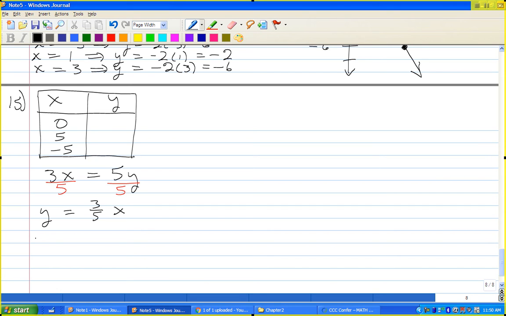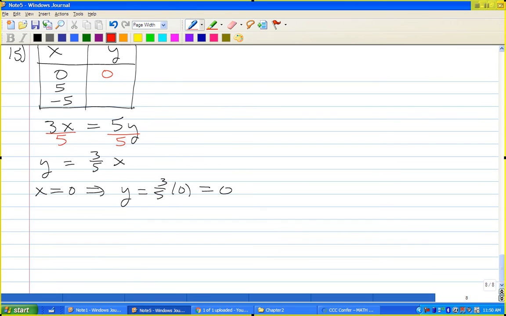Let me determine y when x is 0. So y equals 3/5 times 0, which is 0. Determine y when x is 5. The 5's cancel.